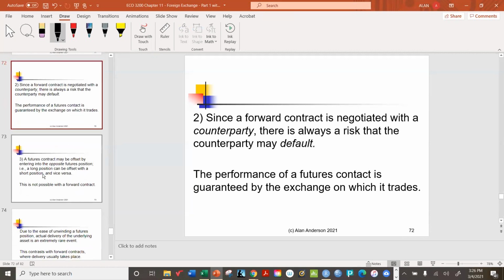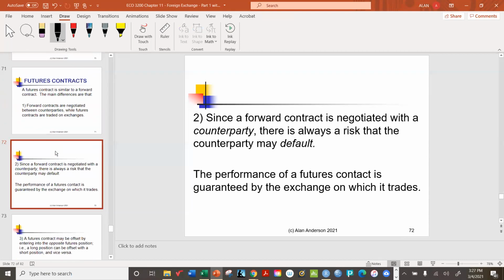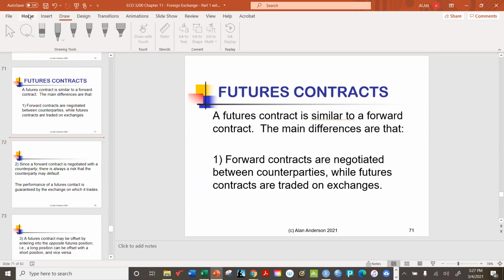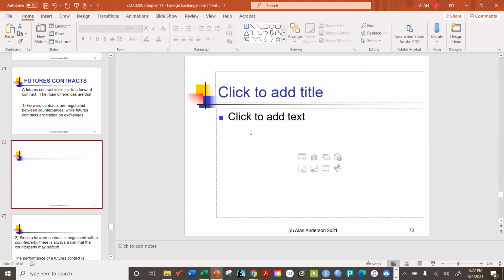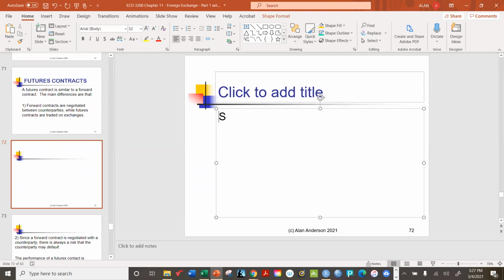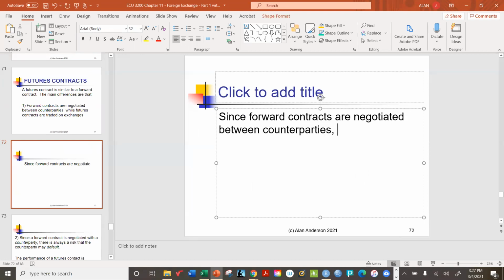Now, another thing that I want to point out, though, and I'll add one more slide in here because I think this needs to be included here. Since forward contracts are negotiated between counterparties, they can be customized by the two counterparties.